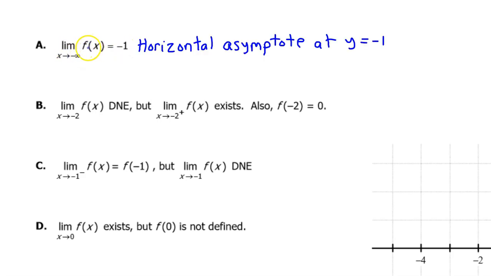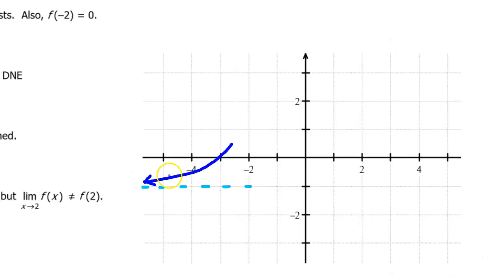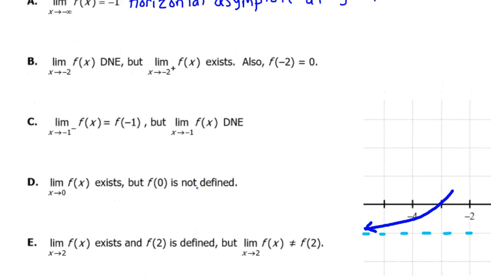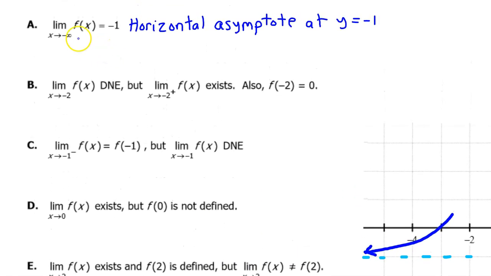The only way the limit as x approaches negative infinity will equal negative 1 is if we have a horizontal asymptote at y equals negative 1. As you can see, I've started off my graph of f of x with a horizontal asymptote at y equals negative 1. So indeed, the limit as x approaches negative infinity of f of x is negative 1.